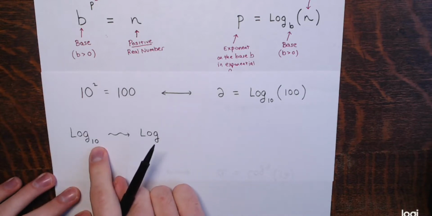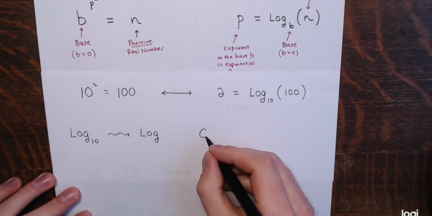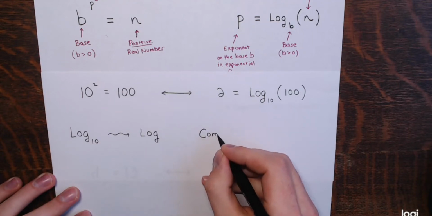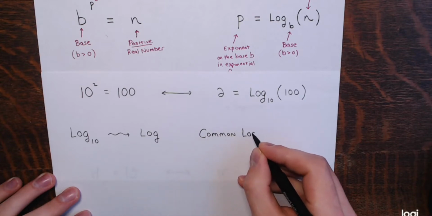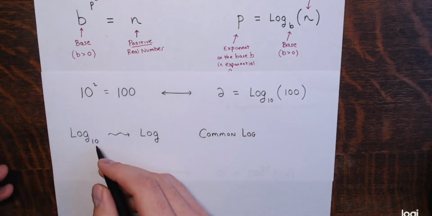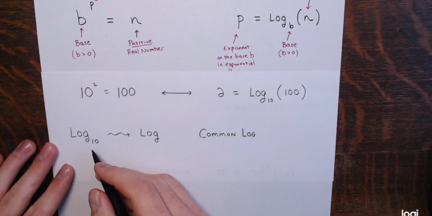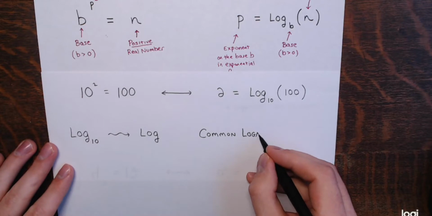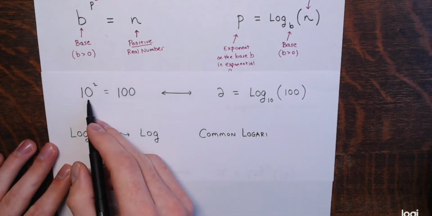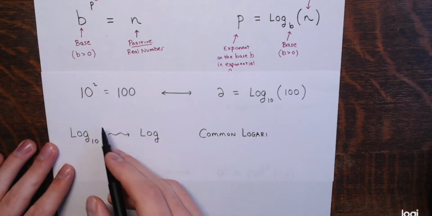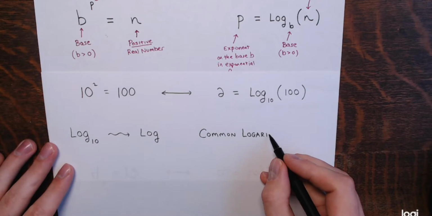You're going to be assuming that. And this is called the common logarithm. Because it's very common that we work with numbers that are in base 10, in decimal form. So base 10 is sometimes referred to as the common base. So this log base 10 is often referred to as the common logarithm.